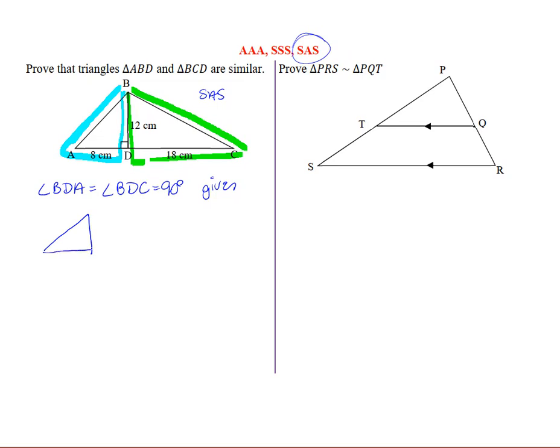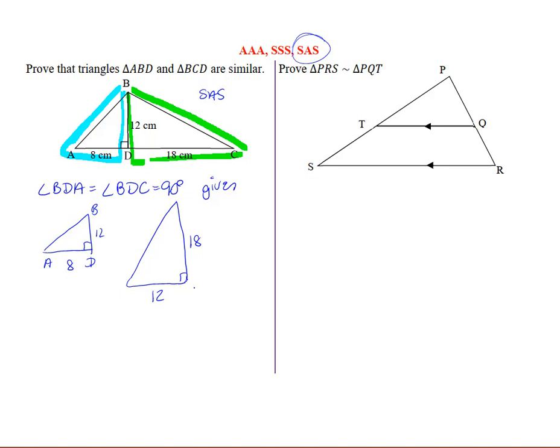So what I mean by that, we have ADB, where this is 12 and that's 8. And if I rotate my other triangle around, so I'm rotating BDC 90 degrees in an anti-clockwise direction, that means this is 18 and this is 12. If we think about the sides, I better label it.